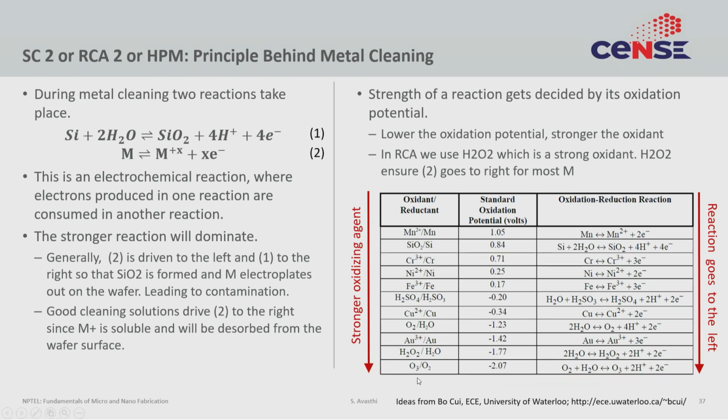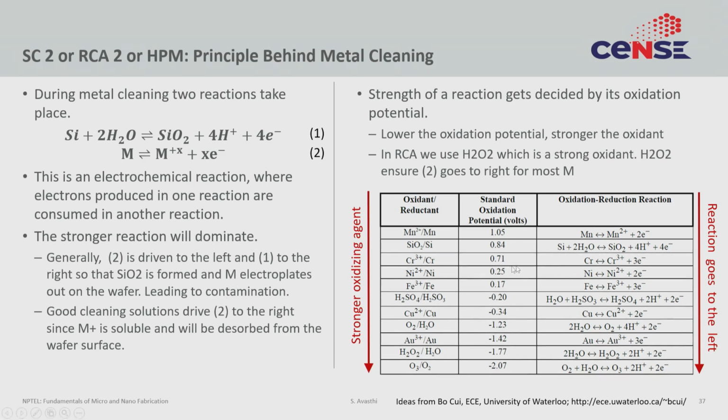So, gold will get oxidized, copper will get oxidized, iron will get oxidized, nickel will get oxidized, chromium will get oxidized, and silicon will get oxidized. Everything above will get oxidized. However, things below it will not, but that is not a concern. For most metals, H2O2 will oxidize, and that oxidation is what pushes this reaction to the right, and then that ion can react with the chloride, form a soluble complex that can then be washed away.